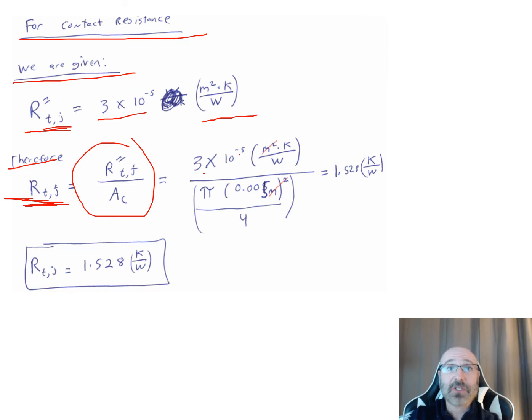This is in meters squared times Kelvin per watt, and A sub c is in meters squared, since it's an area. So the meters squared cancel with the meters squared. Again, this was pi times 0.005 meters squared over 4. We're just left with K per W, which is exactly what we want. We work out the math, and our contact resistance, or thermal resistance, at that point is going to be 1.528 in units of Kelvin per watt.